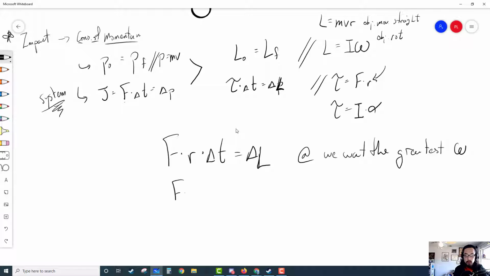All right, so we take a look at this equation, F times R times delta T, and we know L is I times the change in omega. Okay, so we want the greatest, I'm going to highlight this, we want the greatest omega.